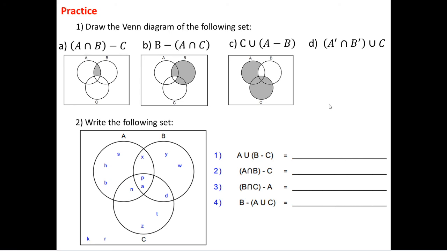And for letter D, what is A prime, or A complement, intersection with B complement, union with C? This is our answer.